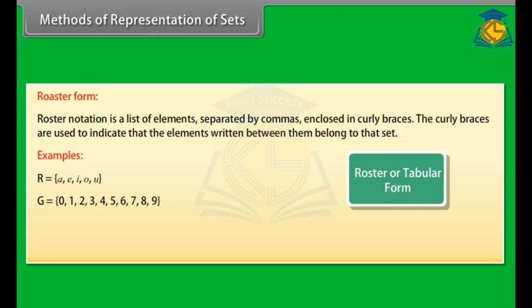G = {0, 1, 2, 3, 4, 5, 6, 7, 8, 9}. T = {Monday, Tuesday, Wednesday, Thursday, Friday}.